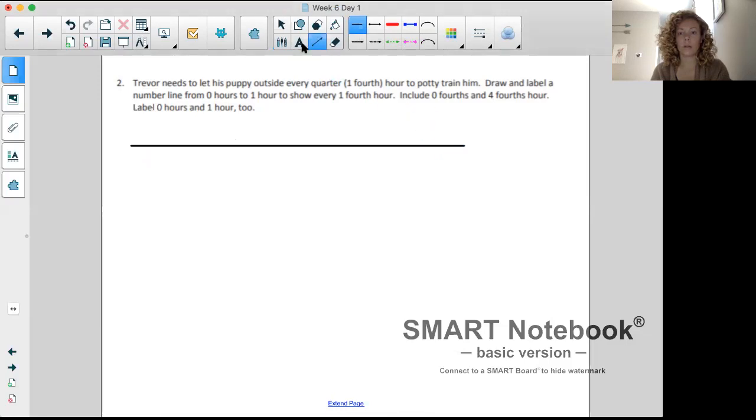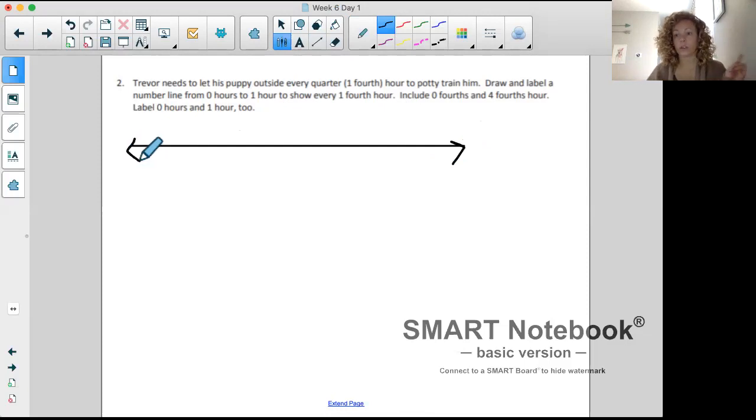And we know at the end of our number line, we always draw what? 2 arrows because our number line goes on forever in both directions, right? Okay, endpoints. They tell us that our number line has to go from 0 to 1 hours. So 0 to 1. And we can just abbreviate hours with HR. That stands for hours. So we can do this, 0 hours and 1 hour.